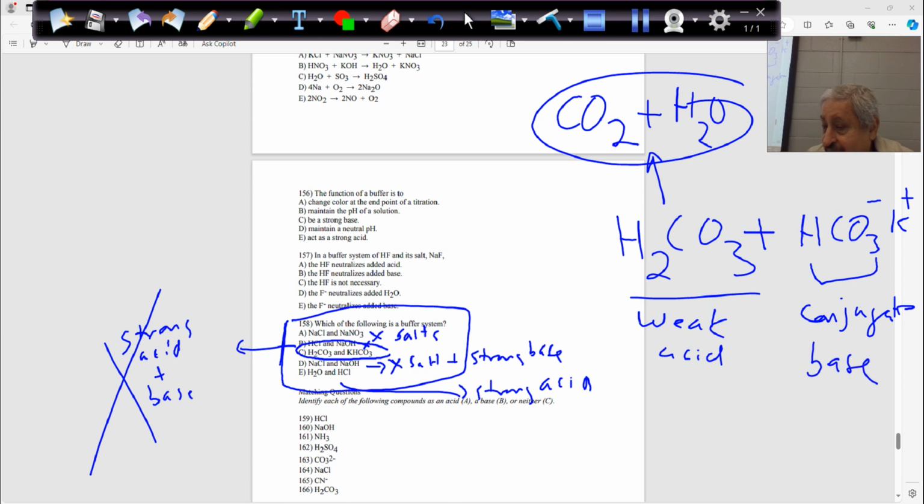Base, the opposite, correct? A conjugate base is actually an acid that lost a proton. Here there are 2 H, here is one H, so it lost one of the protons. Okay, guys? So this will cover this type of buffer.